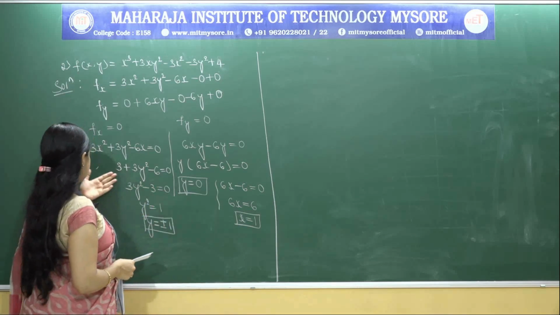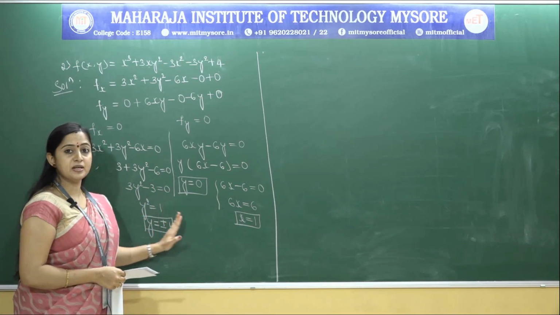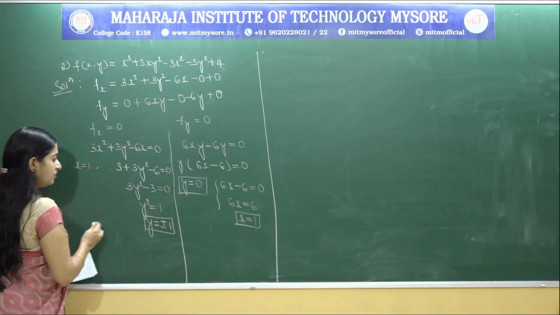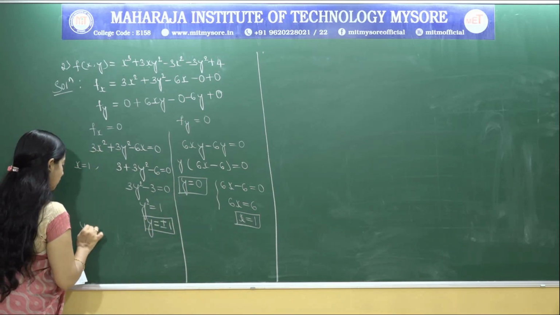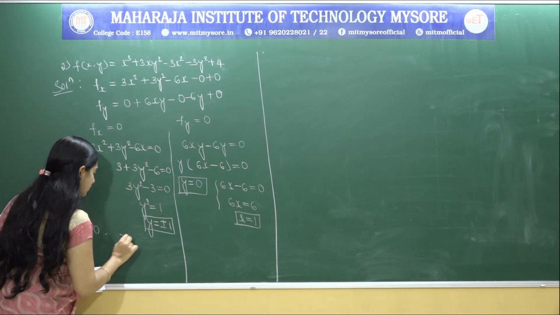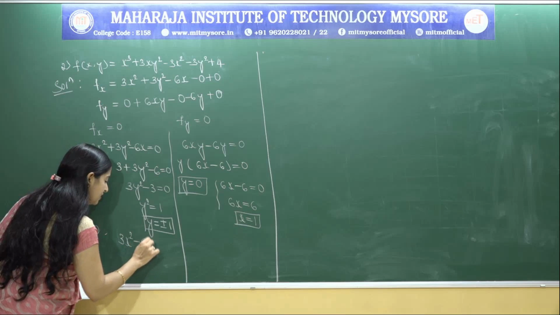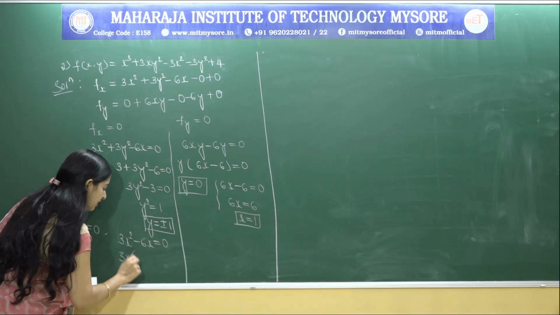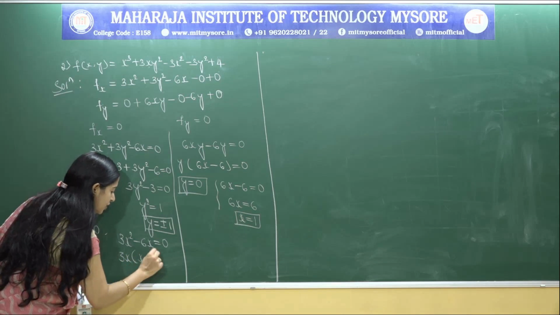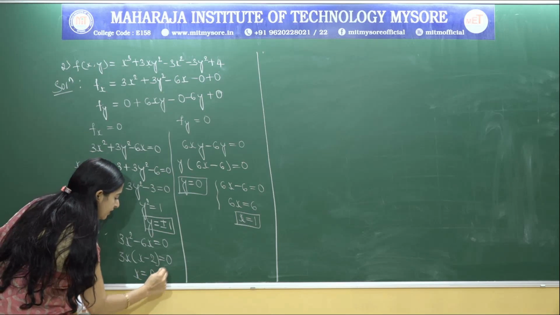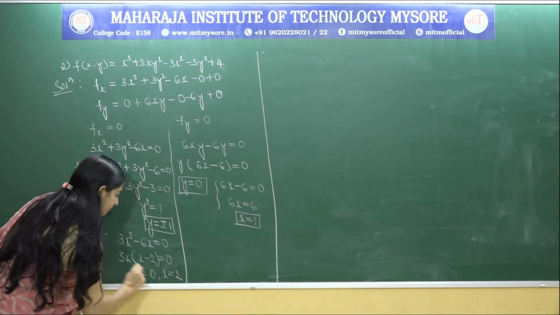So for x equals 1, you got y equals plus or minus 1. In the same way, you take the other factor, put y equals 0 in the first expression, you will get 3x squared minus 6x equals 0. Or you take 3x outside, you will get x minus 2 equals 0. So you got x equals 0 and x equals 2.